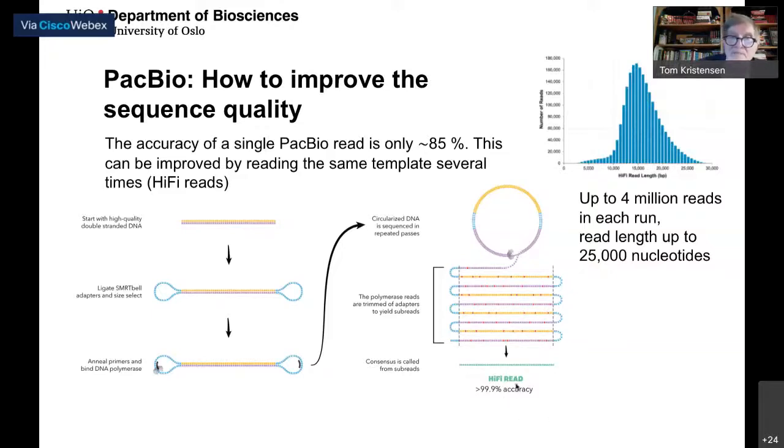So if you look at the output from one Parkview instrument, it can put out up to 4 million reads in each run. So 4 million templates are sequenced in each run, and the read length can be up to 25,000 nucleotides in the hi-fi experiment, where both strands are read and read several times to give us this high accuracy.